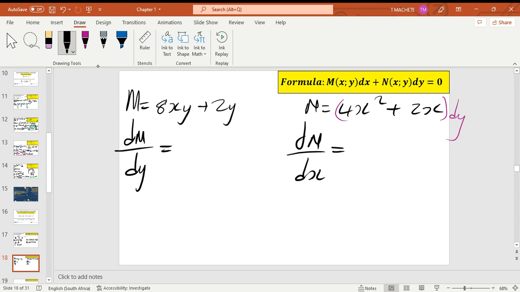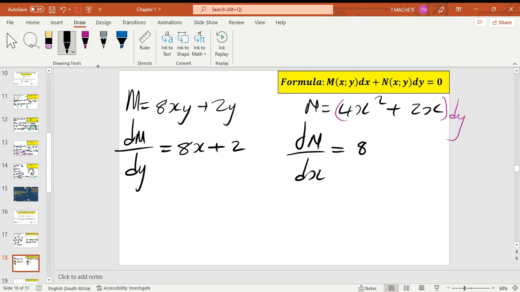So the differentiation of 8xy with respect to y, you're gonna get 8x. And then the differentiation of 2y, you're gonna get plus 2. Then let's go to the n side. The n side, we are differentiating with respect to x.